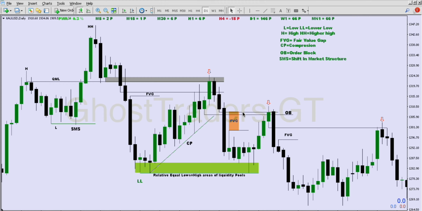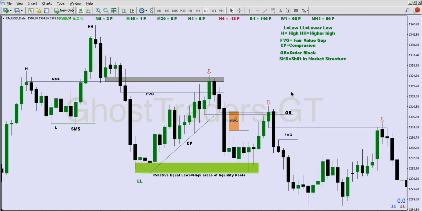And you can see the order block has a fair value gap here, so these now qualify to be something that you can trade. Price pushes up and gets to this level here. Guess what price does? It pushes down quickly, and when it does, it collects this sell side liquidity, or these relative equal lows here.